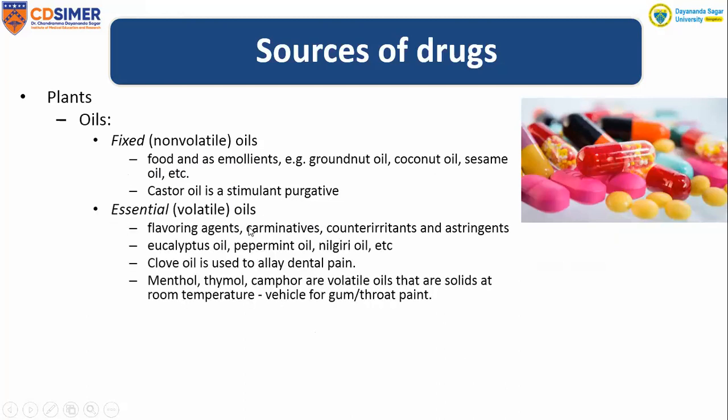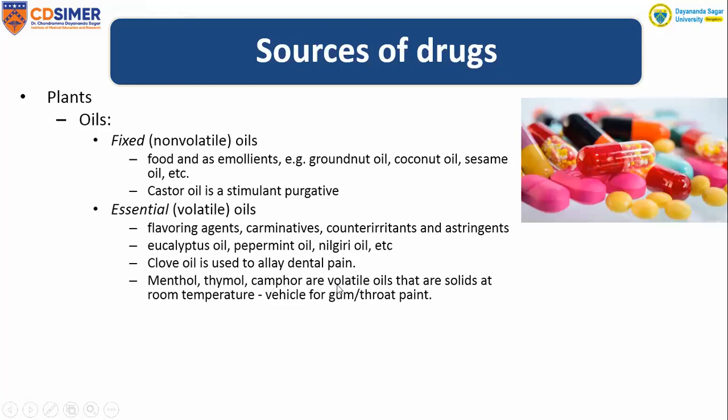And then essential oils, which we can use as flavoring agents, carminatives, counter irritants, astringents. Then eucalyptus oil for reducing pain, peppermint oil as a flavoring agent, nilgiri oil for reducing pain, clove oil, it has some anesthetic effects, for the purpose of treating dental pain.